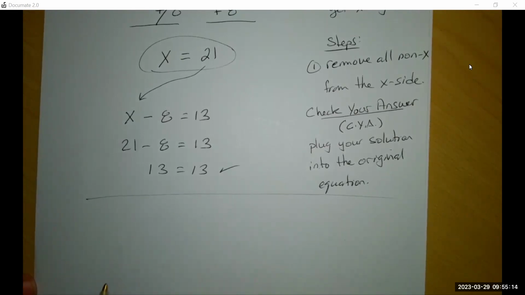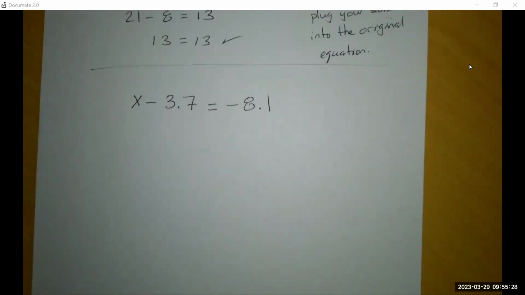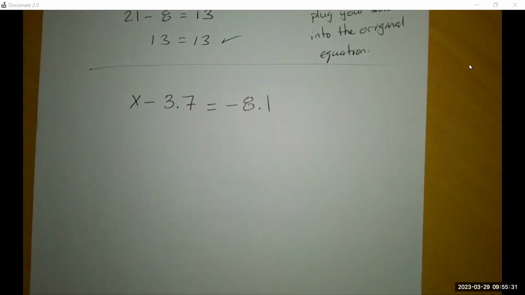Let's look at another one. X minus 3.7 equals negative 8.1. So we have to get X by itself.